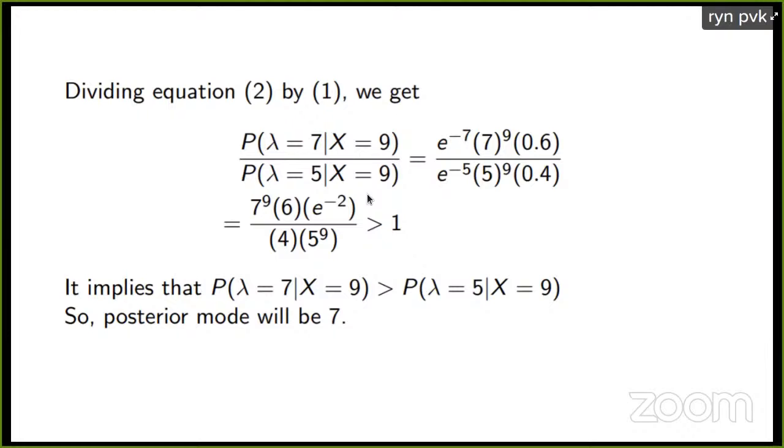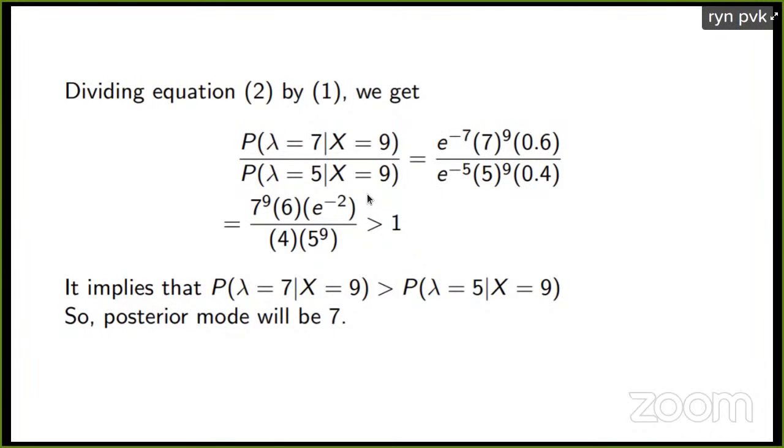For a Poisson distribution with parameter lambda, what is the mean? Lambda only, or you can say the parameter. So there is a higher chance that my Poisson distribution with lambda equal to 7 occurs than when lambda is equal to 5.